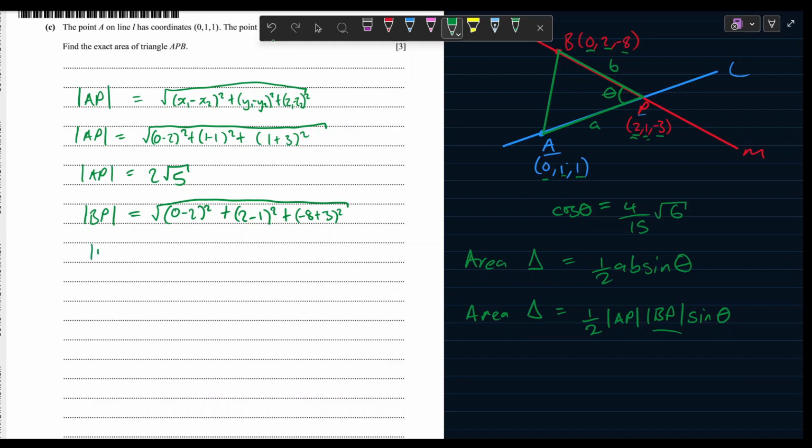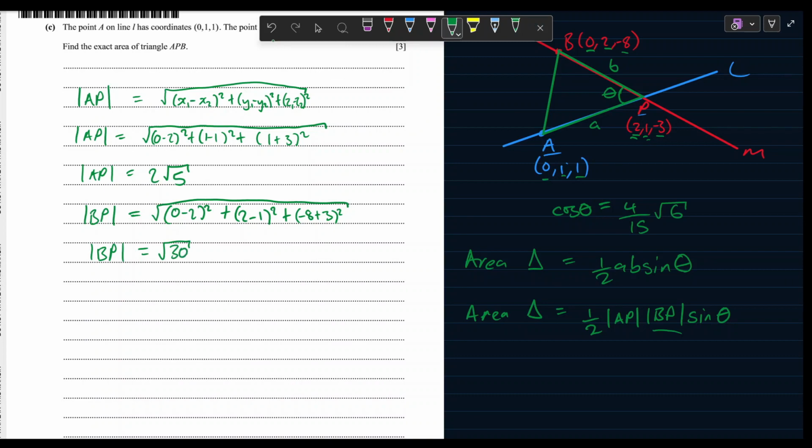So this means the magnitude of BP is equal to the square root of 0 minus 2 squared plus 2 minus 1 squared plus negative 8 plus 3 squared, which gives us root 30.